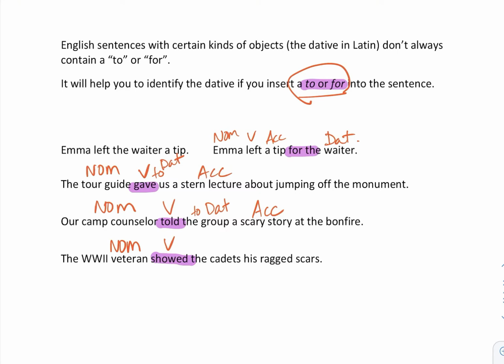So let's figure out where the to goes. Do we show his ragged scars to the cadets, or did we show the cadets to his ragged scars? Well, unless they speak and have personalities, he probably showed the ragged scars to the cadets. And because we can put the to there, that's where the dative goes. That's how we figure out what it is in English.